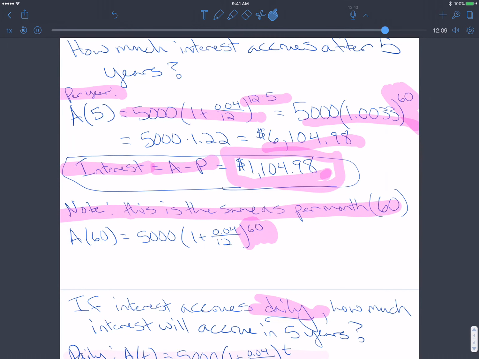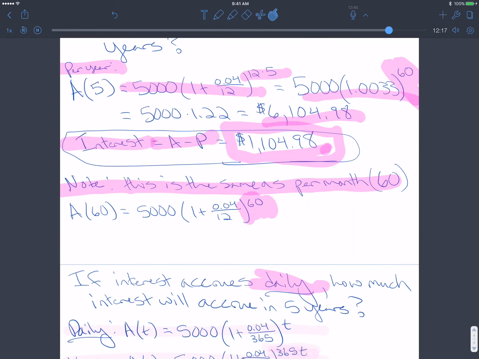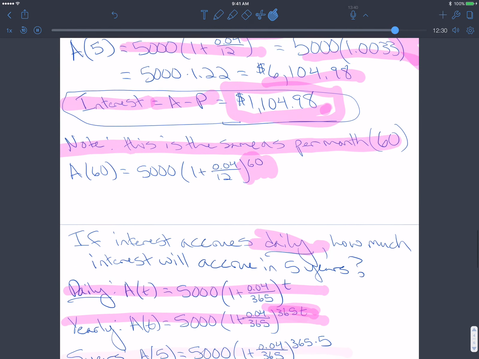As another little aside, just for you to think about, if this interest accrued daily instead of monthly, how much interest would accrue in 5 years? So the underlying question here is, will I have more interest or less interest if I accrue daily instead of monthly? So daily, I now have to divide by the number of days in a year, 365, and for the yearly model, I end up with that 365 in my exponent.